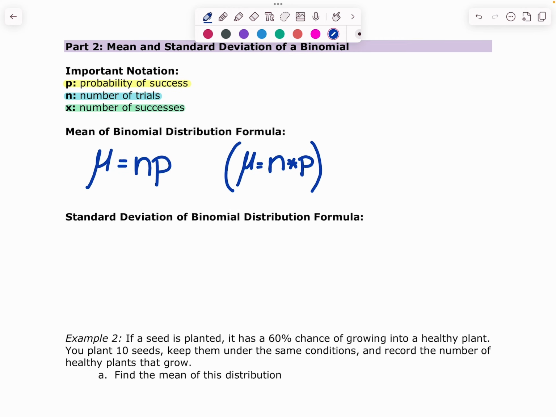The standard deviation is also much easier, way easier than for a non-binomial discrete probability distribution. That is sigma, which equals the square root of n, I'm going to finish the square root symbol, times p times 1 minus p.